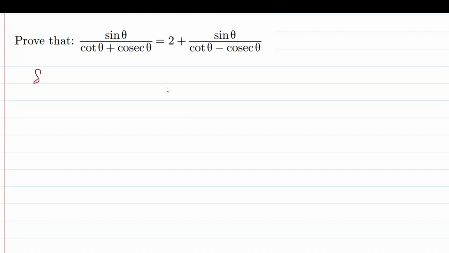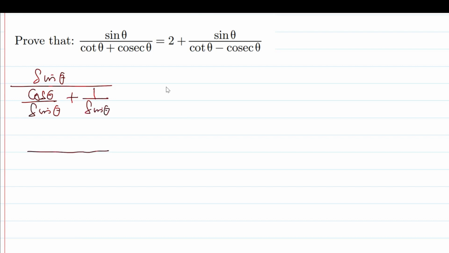So we are beginning with LHS, and LHS, this is sin theta divided by, I'm writing cot as what? Cot is cos theta over sin theta, plus sign, and cosec is what? 1 over sin theta. Now check, if I take LCM, LCM is what? First, I'll write down the numerator, which is sin theta, divided by, LCM is sine only, right?